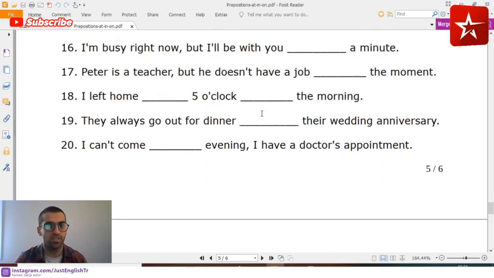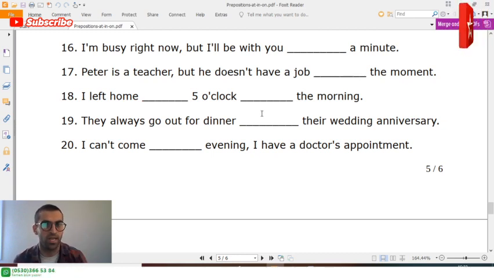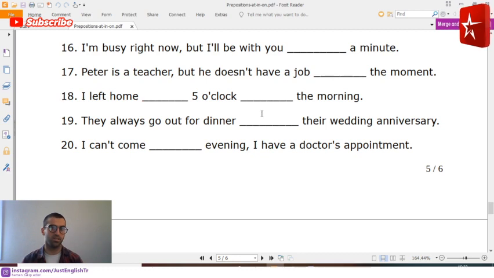And number 19, they always go out for dinner, blah blah blah their wedding anniversary. Onlar her zaman akşam yemeği için dışarıya gidiyorlar. Ne için?